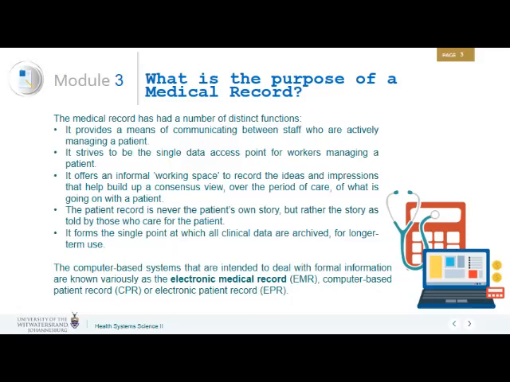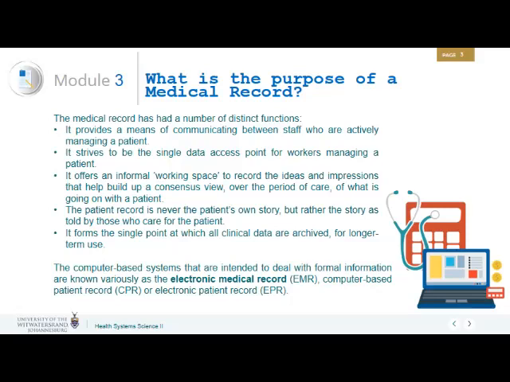If we think about a patient moving through a health system, in many instances, that patient is likely to see a number of healthcare professionals, depending on their condition. We therefore see that we need a single point of access around which all healthcare providers who are caring for that patient can communicate.